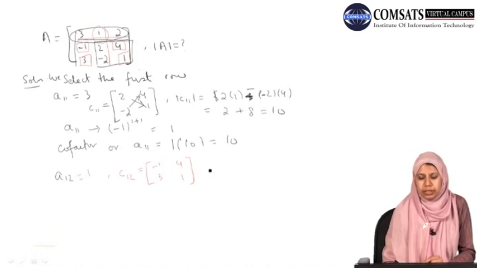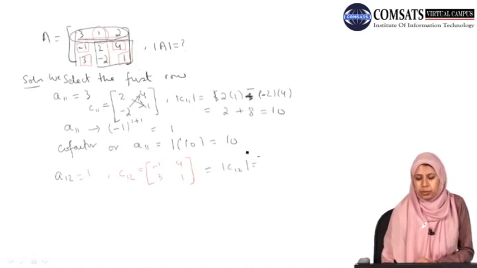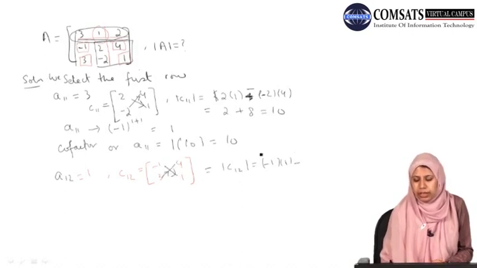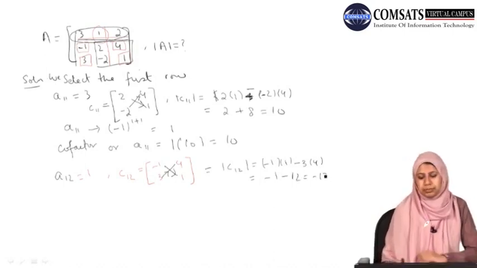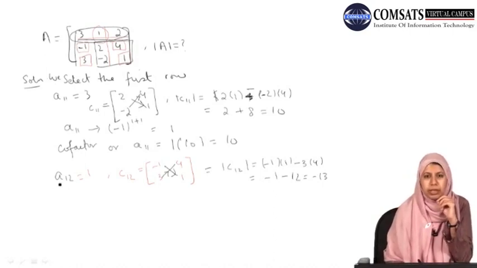And then we have to find the determinant of this submatrix, which is -1 into 1, that is the product of the main diagonal, minus the product of the other diagonal, which is 3 into 4. After simplifying, we obtain -13. What will be the number associated with this entry?